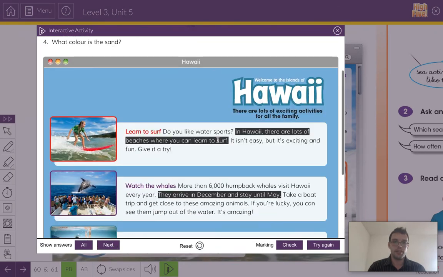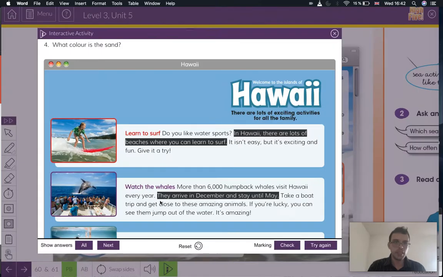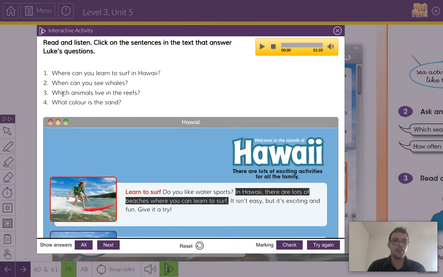When can you see whales? They arrive in December and stay till May. Let's write in our notebook. They arrive in December and stay until May. Very good. Let's look at our next question.